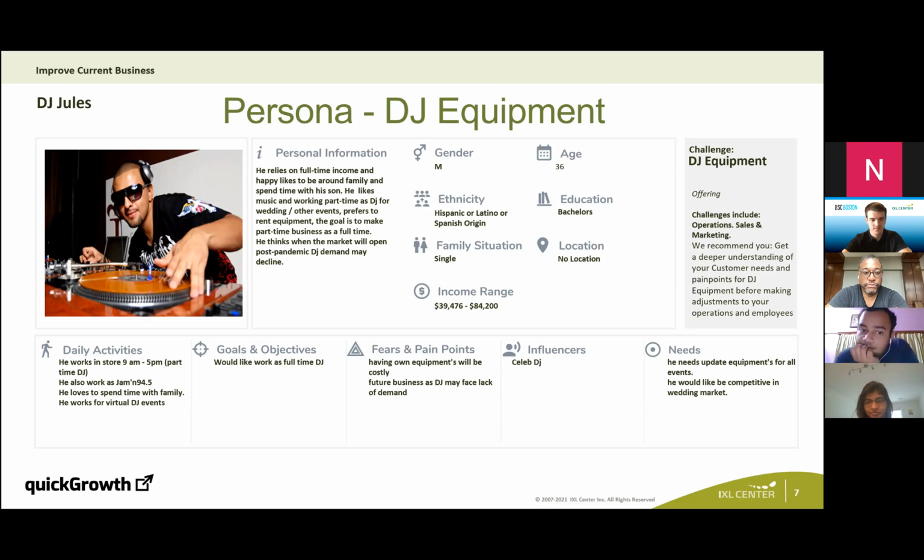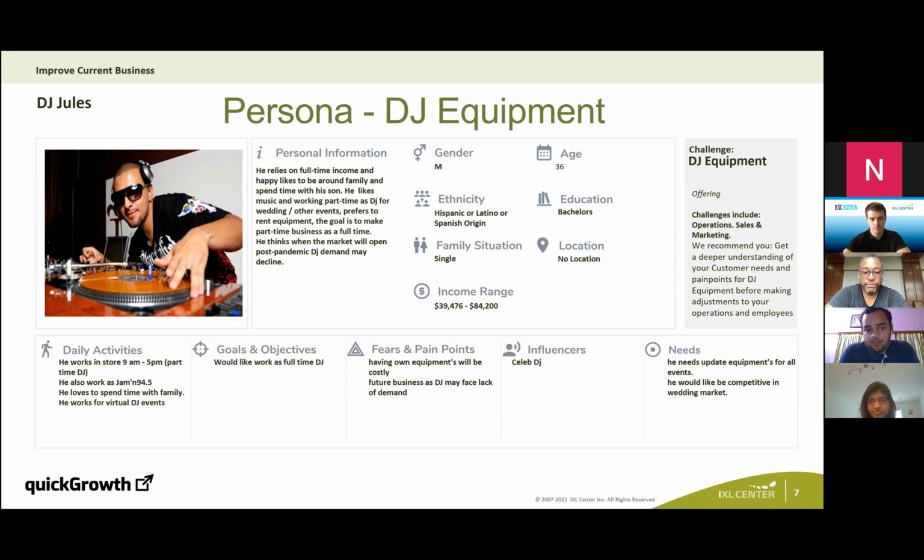He has two main concerns and pain points. The first is that having his own DJ equipment is going to be really costly for him. Secondly, he fears that the demand for DJs is going to decline post-pandemic. He needs updated equipment for all events, and he wants to be competitive in the wedding market in particular. That's a brief look at his persona.